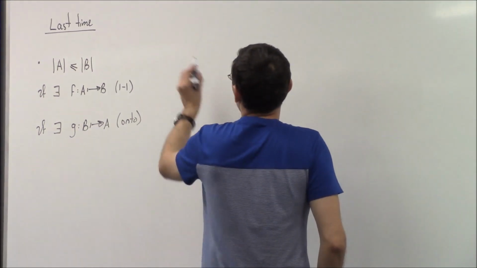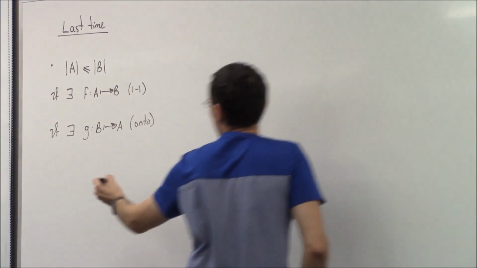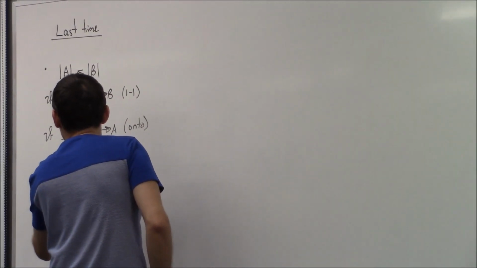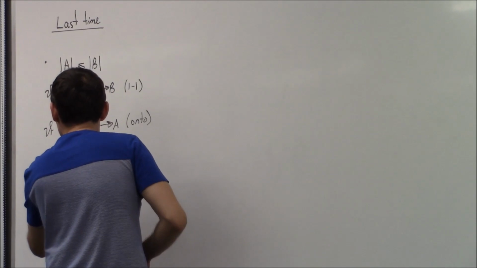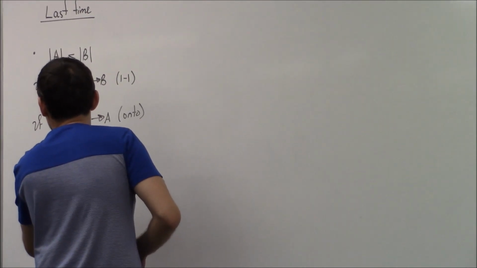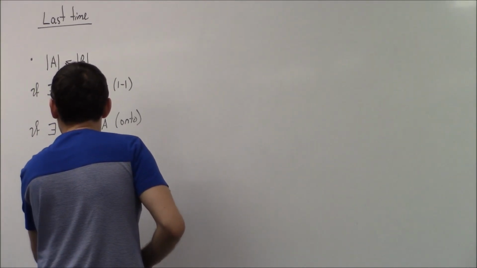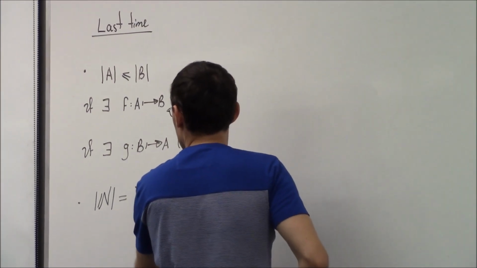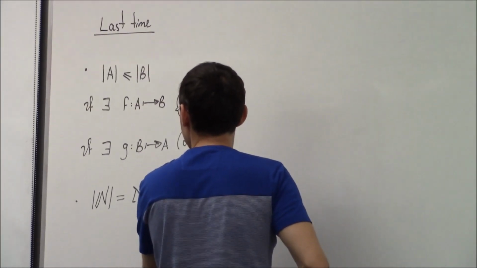Because of that, we have observed that as a consequence of this result, the cardinality of the natural numbers, which is designated with the letter aleph null, is the smallest infinity.